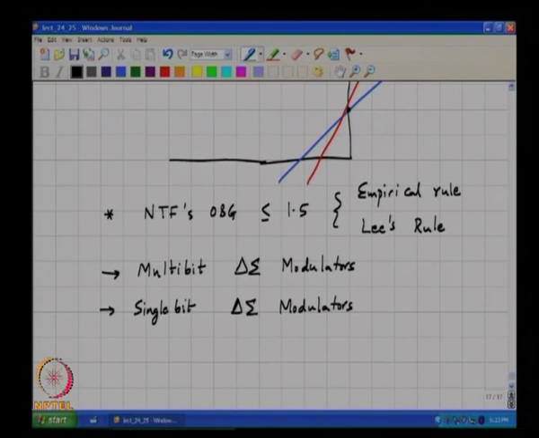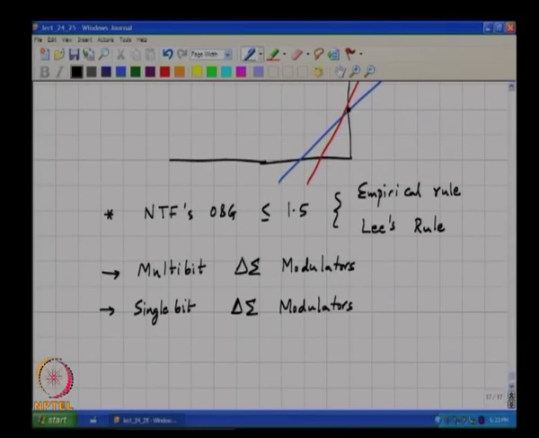So, you can get very high precision and performance by taking a quantizer which is as bad as a 2 level quantizer and putting it in a negative feedback loop and making it really very precise, okay.